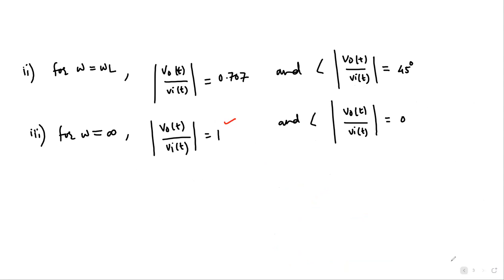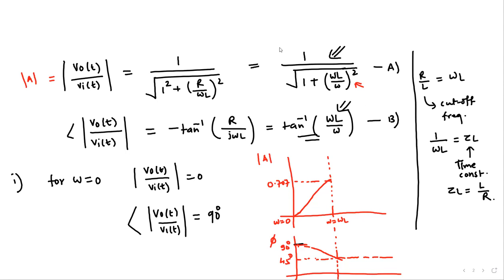And how to draw this? We can come back here and we see that this factor becomes 1. So this gain is 1, and here omega goes to infinity, and this is how we approach 0 here. All right, so this is the ideal situation of this filter, and it forms the function of a high pass filter.